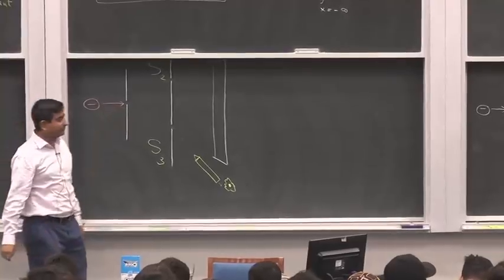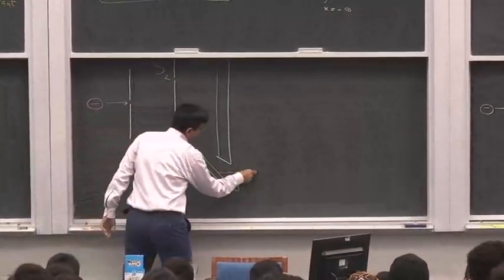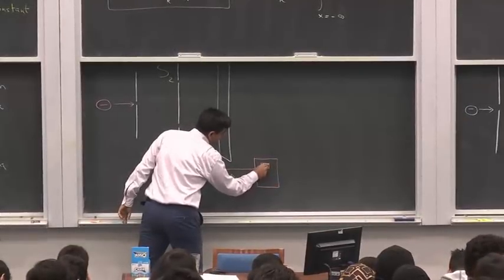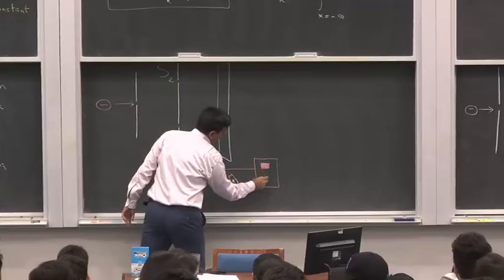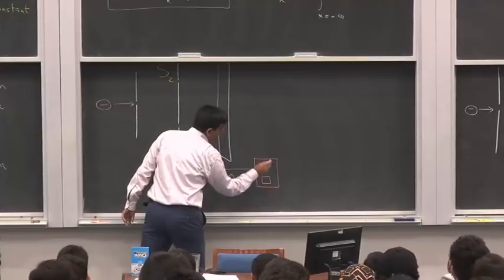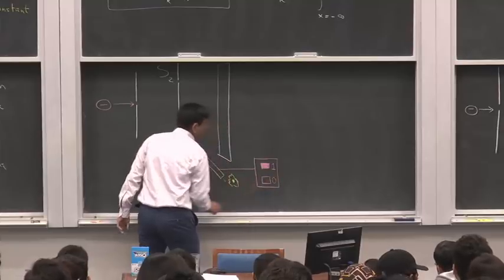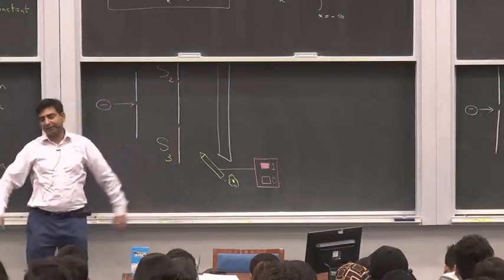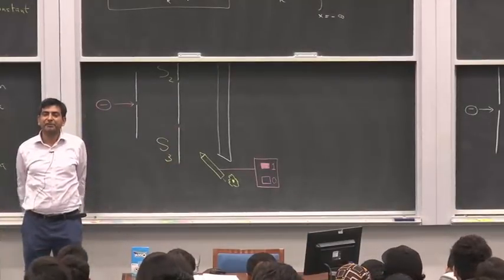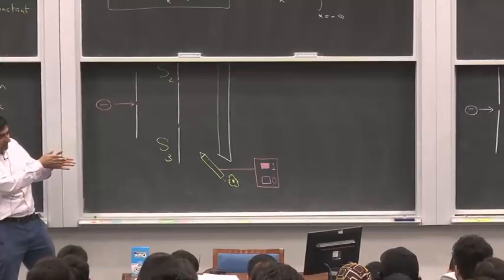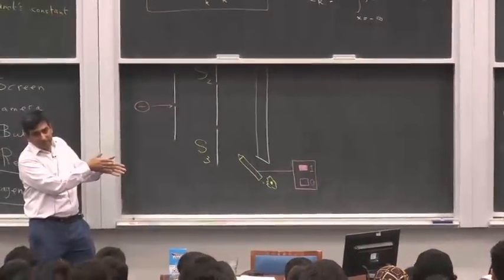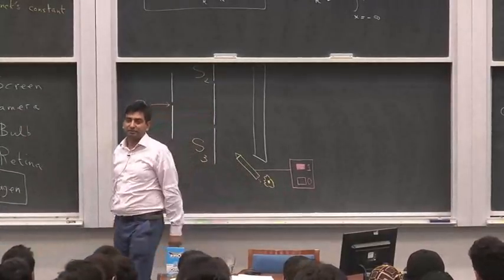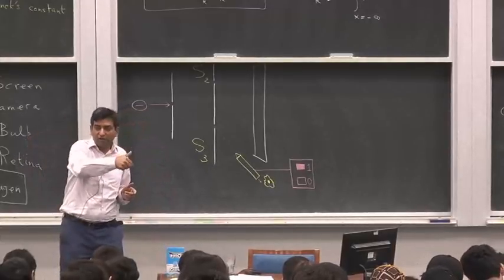One electron at a time. And this telescope is aiming at one of the slits, say S3. So instead of a light bulb, I'm now using a telescope that can see an electron. Alright? And this telescope is connected to a switch that is a binary switch. Can be on, can be off.